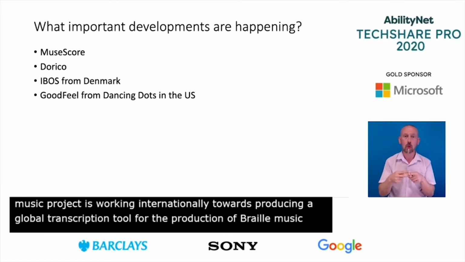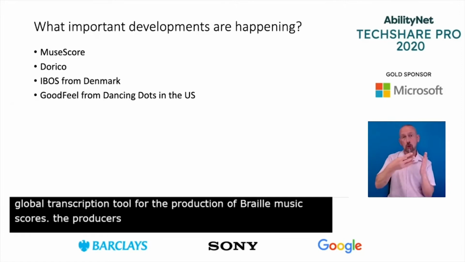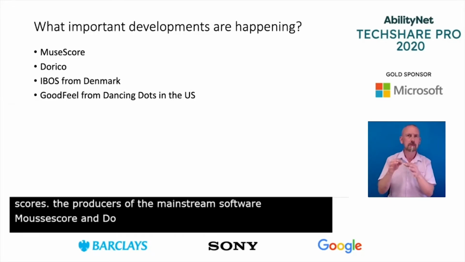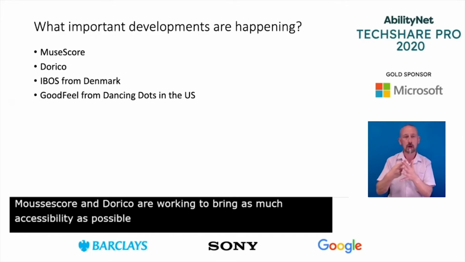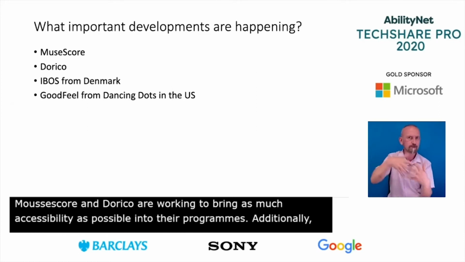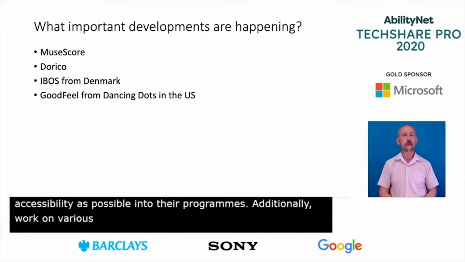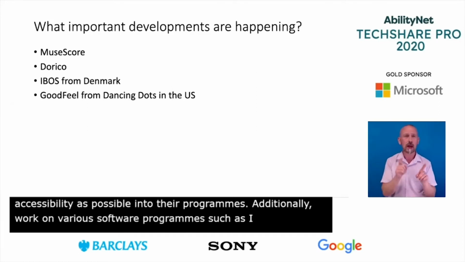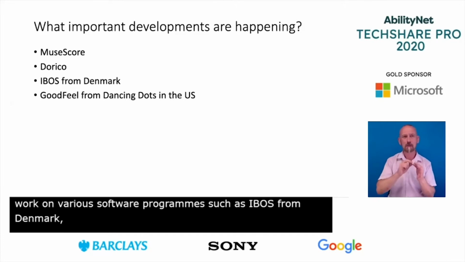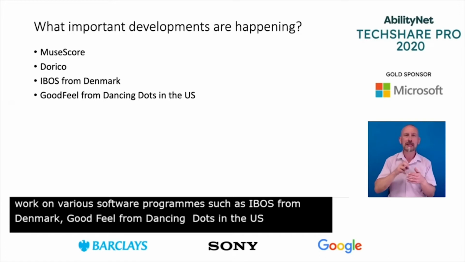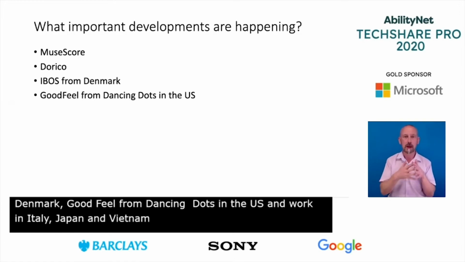The producers of the mainstream software MuseScore and Dorico are working to bring as much accessibility as possible into their programs. Additionally, work on various software programs such as iBoss from Denmark, Goodfeel from Dancing Dots in the US, and work in Italy, Japan, and Vietnam should not be forgotten.